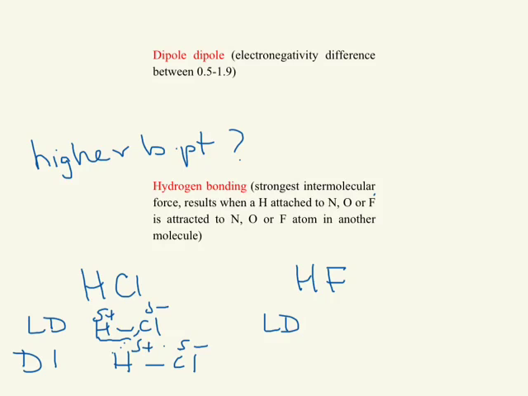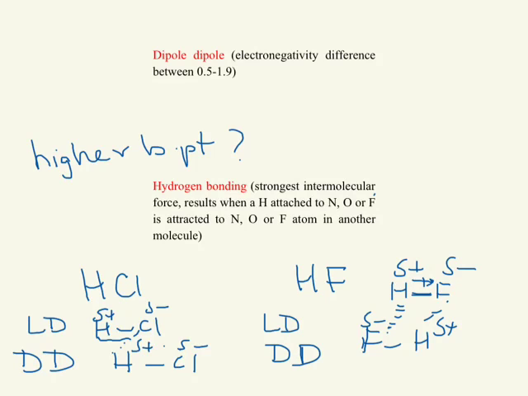So this is dipole-dipole interaction. Do we have dipole-dipole interaction in HF? Yes, because again the electronegativity difference is more than 0.5, positive, negative, and if we take another molecule, positive, negative, positive is attracted towards negative. This is dipole-dipole. So this one has dipole-dipole too.